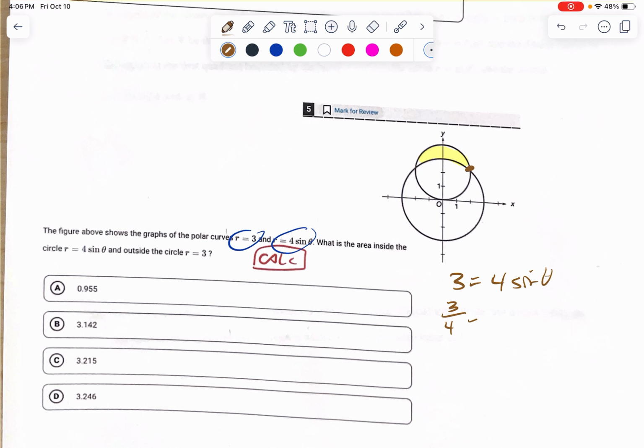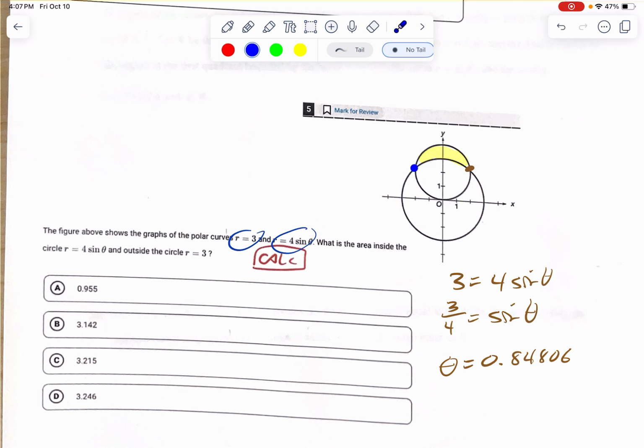So 3/4 is equal to sine theta. I'm going to do inverse sine on my calculator because 3/4 is not something that we know. And that is, to several decimal places, this. Now, theoretically, I would need to figure out this one too. And you can do that by symmetries.